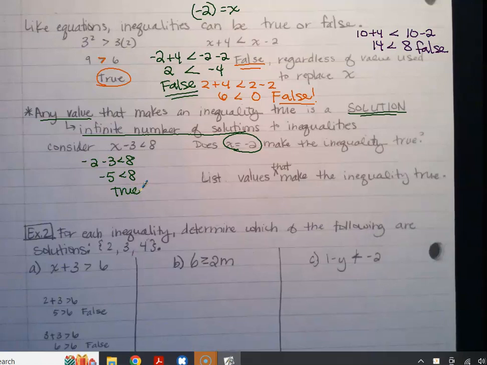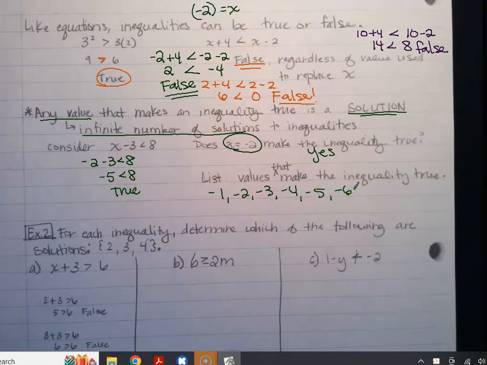So does this make the inequality true? Yes. List the values that make the inequality true. What other values would make it true? A lot? Okay, which ones? Any of the negatives: negative 1, negative 2, negative 3, negative 4, negative 5.